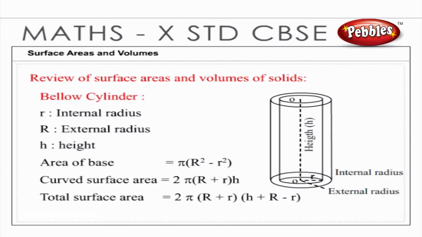Total surface area is equal to 2 pi (capital R plus lower r) into (h plus capital R minus lower r). Volume of material is equal to pi into (capital R squared minus lower r squared) into h.